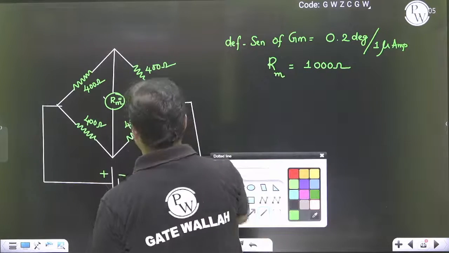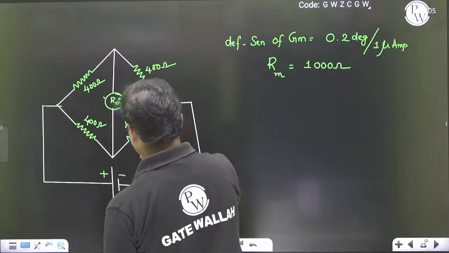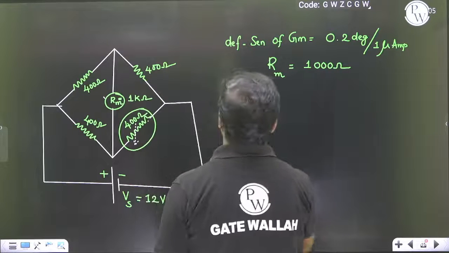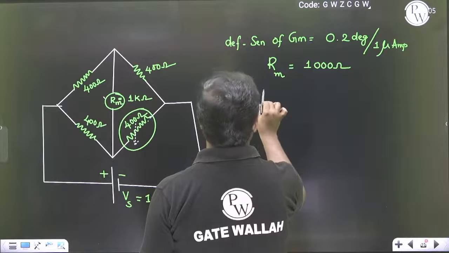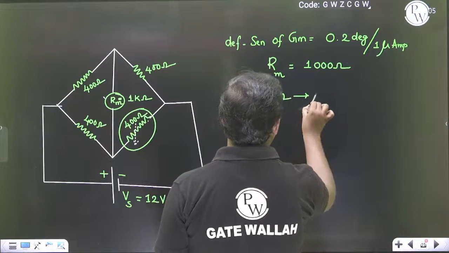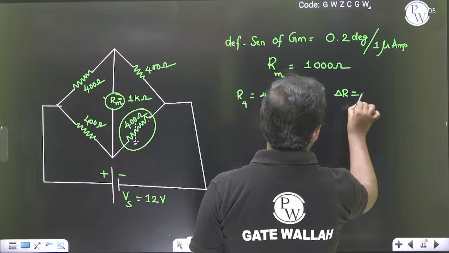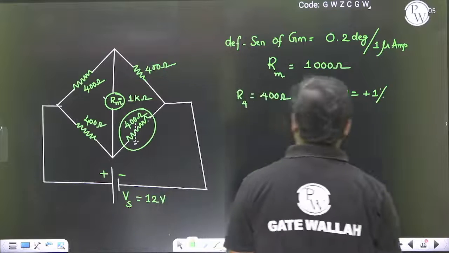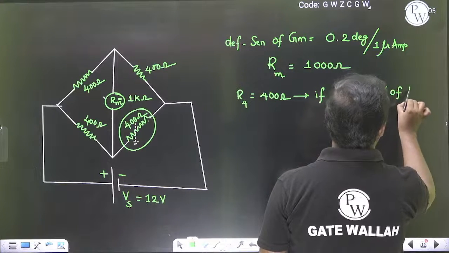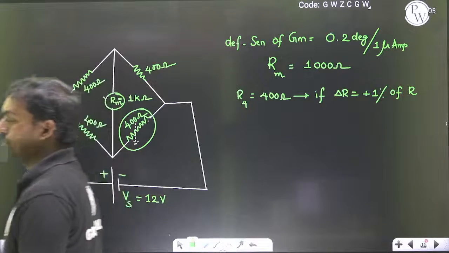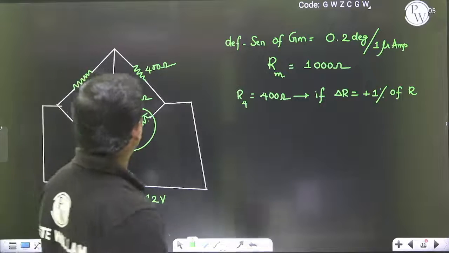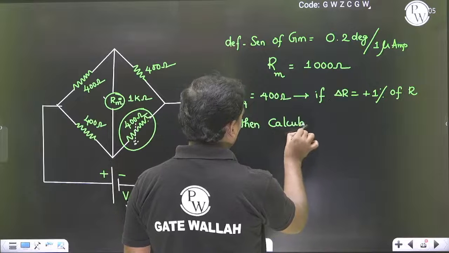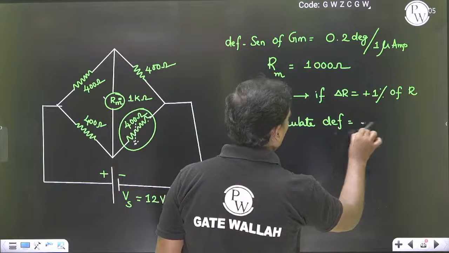And if this is a variable resistor, R4 is 400 ohms, the delta R is plus 1% of R. Then calculate deflection in degrees.